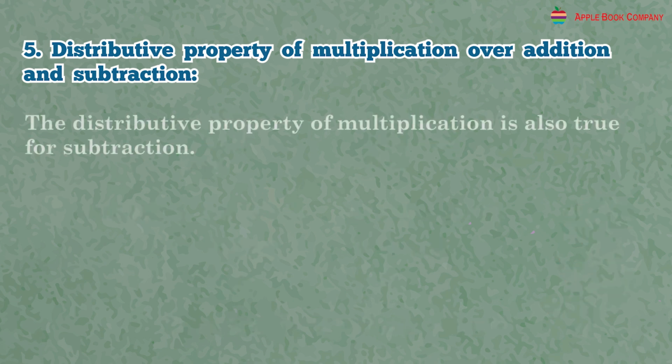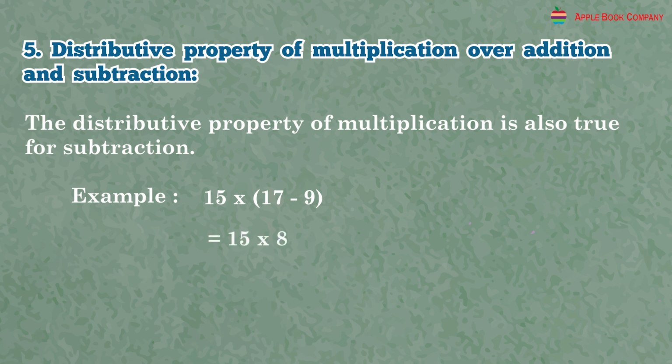The distributive property of multiplication is also true for subtraction. Example: 15 multiplied by 17 minus 9 is equal to 15 multiplied by 8, which is equal to 120.